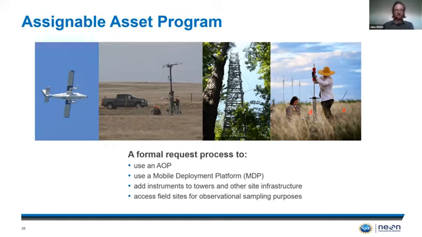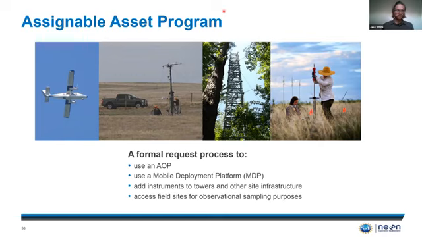You can also use a mobile deployment platform, an MDP, which is basically a small tower in that middle picture there. External researchers can basically book an MDP and put it wherever they want and collect their own data, comparable to the NEON data. We've also had researchers adding instruments to our towers and other site infrastructure.